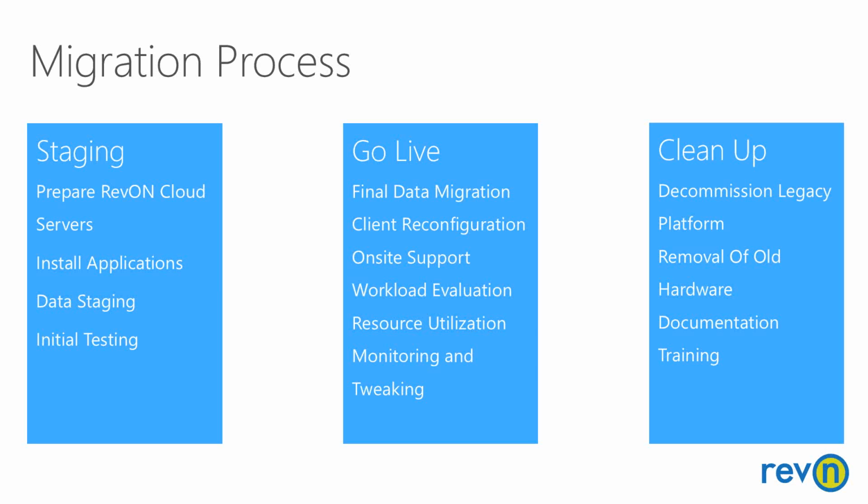Do we need to set up any monitoring specific to your business to make sure your workload's available? And then of course cleaning up the legacy environment, decommissioning the old hardware, updating our documentation, and then possibly training your staff on ways to access the new workloads, a new VPN connection and such.